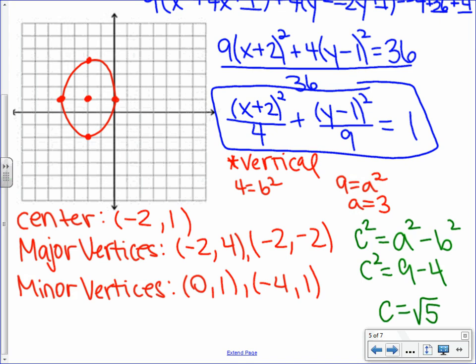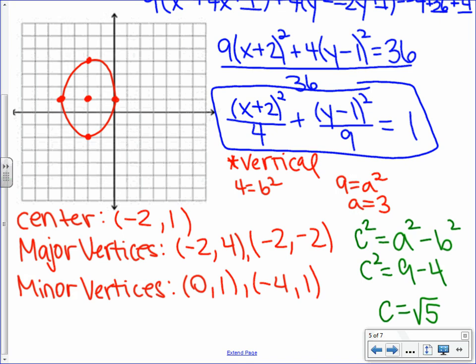Radical 5 is in between what two numbers? 2 and 3. So when I plot our foci, first of all, in what direction will we move from the center? Vertical, because we have a vertical ellipse.